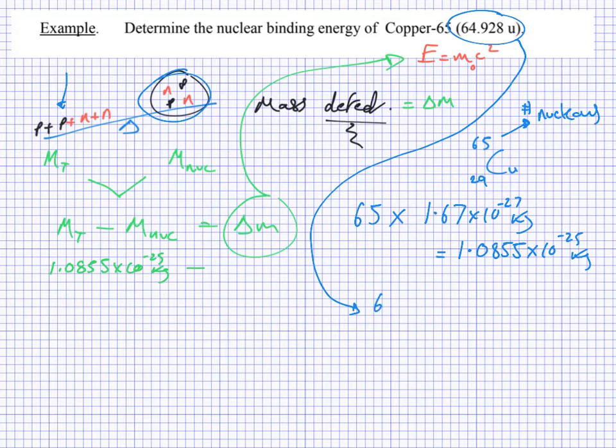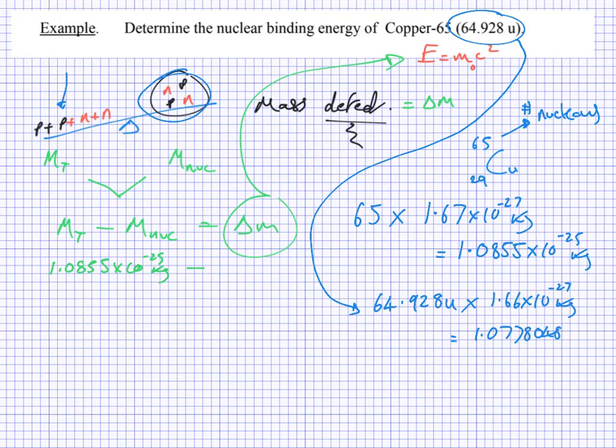So I'm going to go 64.928 U. Now this is going to be multiplied by the U value on our data sheet. So 1.66 times 10 to the negative 27. And that's going to give us 1.07. Okay, that's a good sign because it's less massive than the total mass.